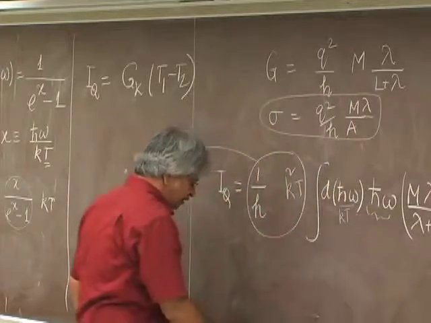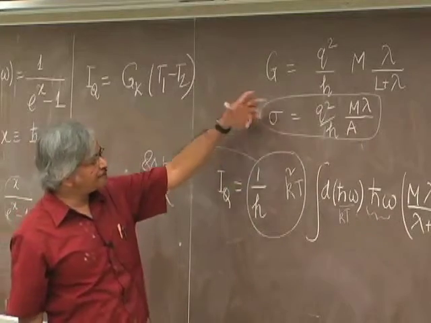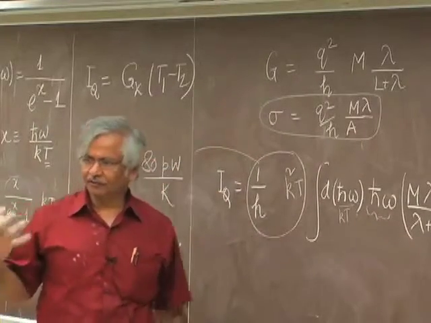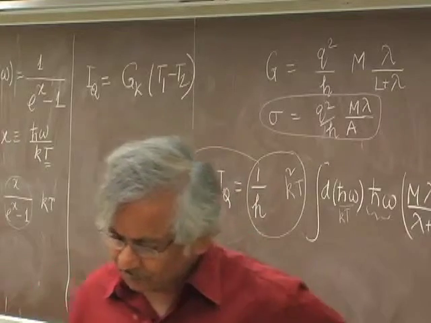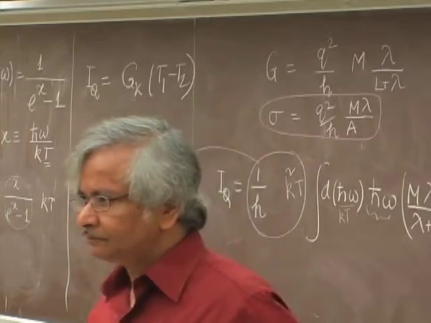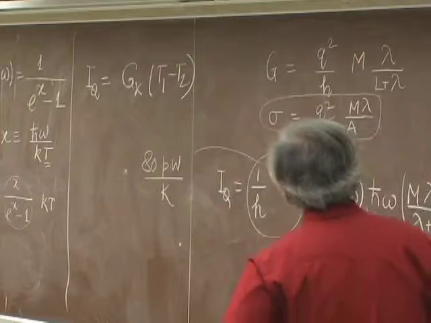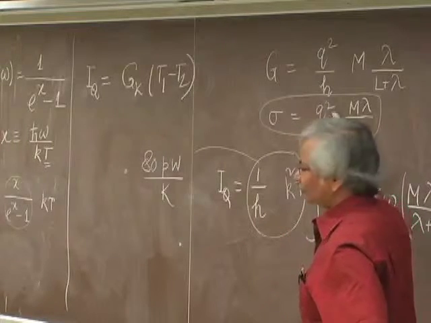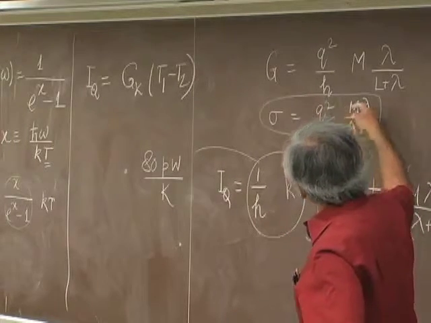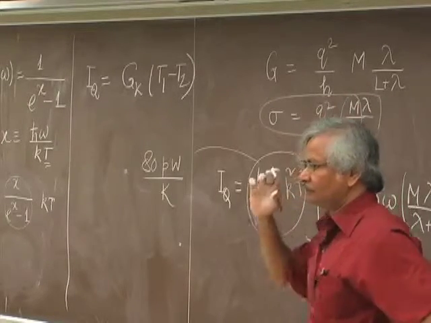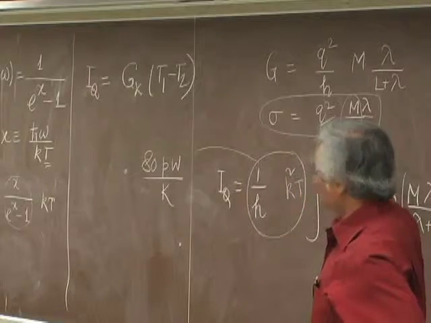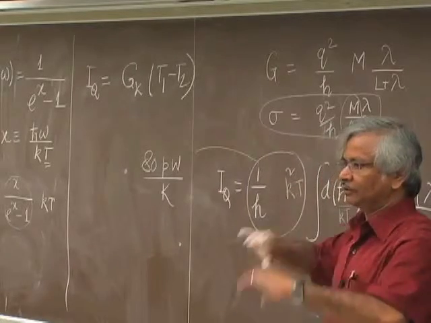So last day I was trying to say that when you are trying to estimate the conductivity, we went through an example of how you would estimate the conductivity of, say, copper. And the way you could do it is you could say, well, this is the quantum of conductance, standard thing. The real important point is how many channels do you have per unit area when you're thinking of a big conductor.